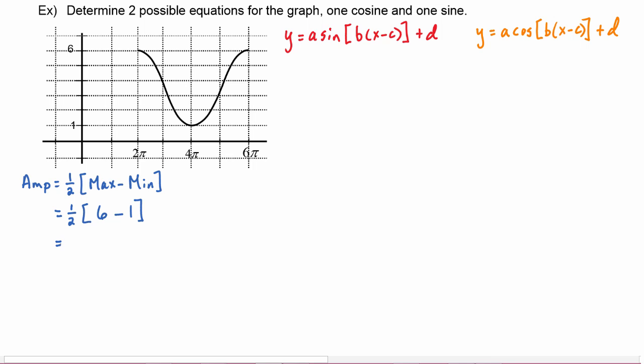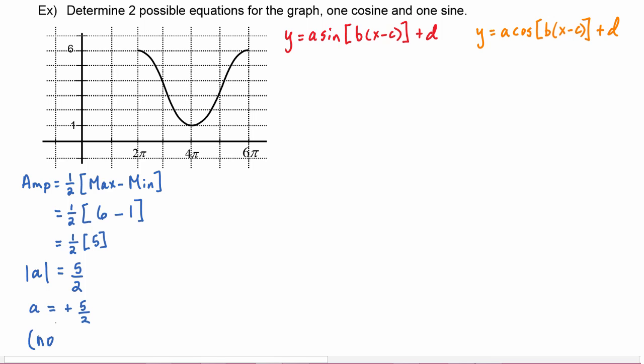So we know the amplitude is going to be 1/2 of 5, which is 5/2. Now we know that amplitude is the absolute value of A, and once again, this graph has not been flipped, so that means A will be positive.